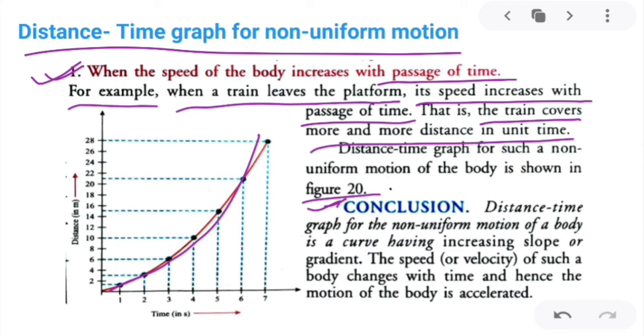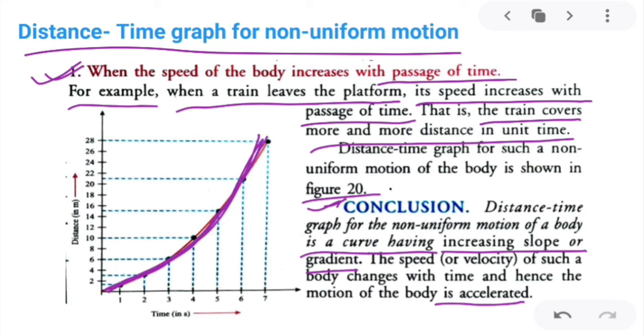The distance time graph for the non-uniform motion of a body is a curve having increasing slope or gradient. The speed of such a body changes with time, and hence the motion of the body is accelerated, because its speed is increasing. So the graph of the body looks like this type of curve.